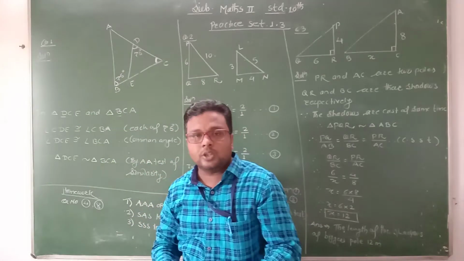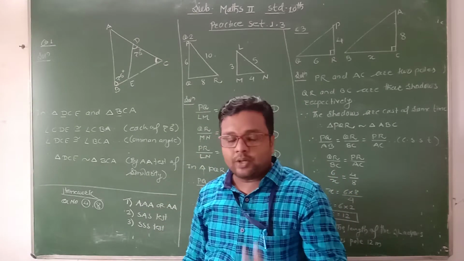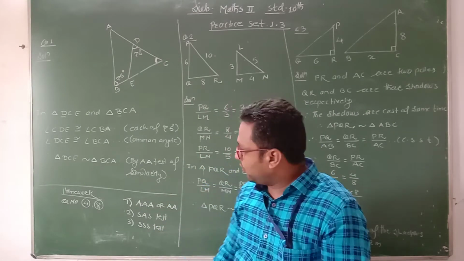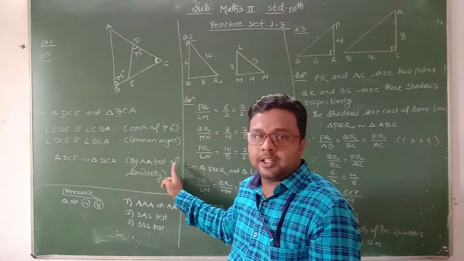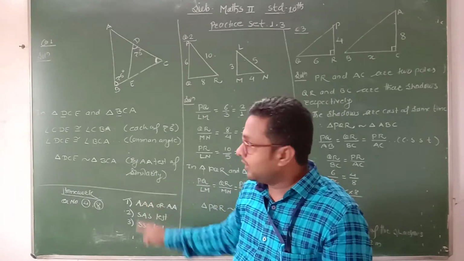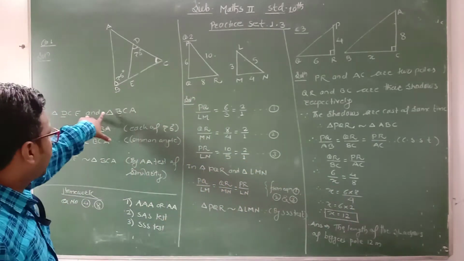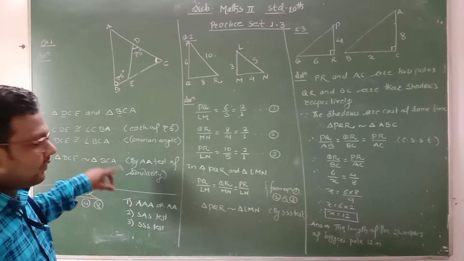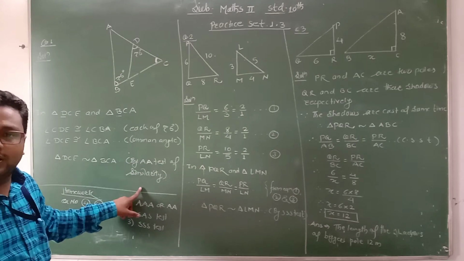Now see, in these two triangles, two corresponding angles are equal or congruent. Therefore these two triangles are similar by the angle test of similarity. In this way we prove these two triangles for this correspondence are similar by the angle test of the similarity of the triangle.